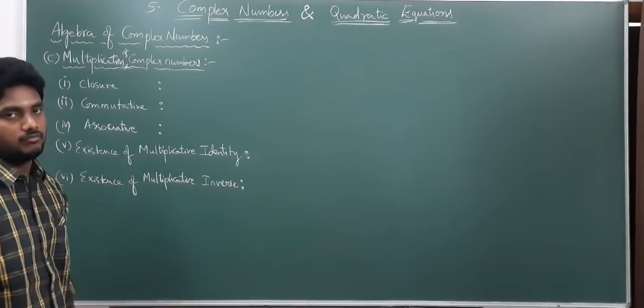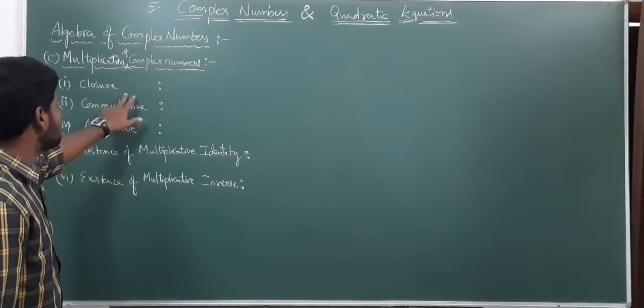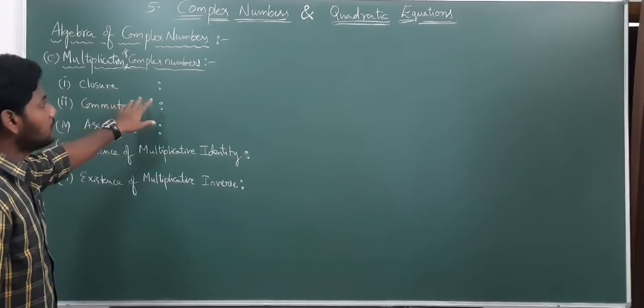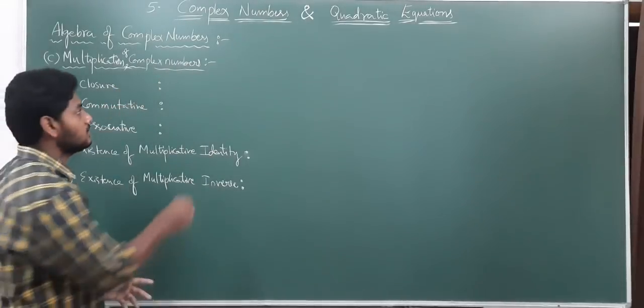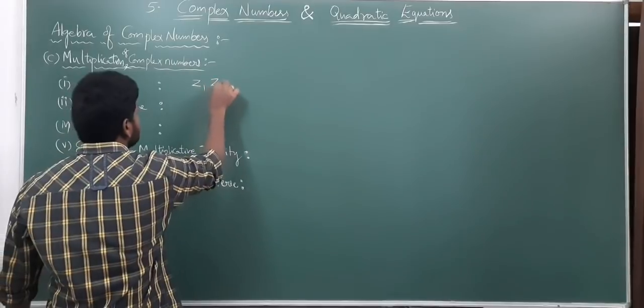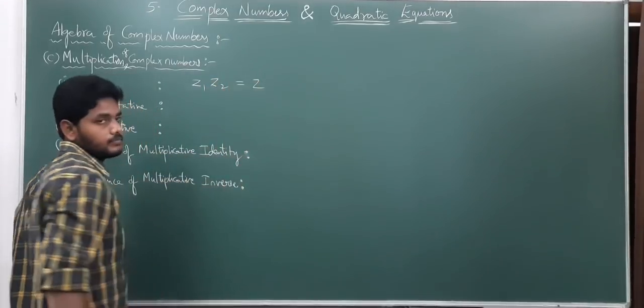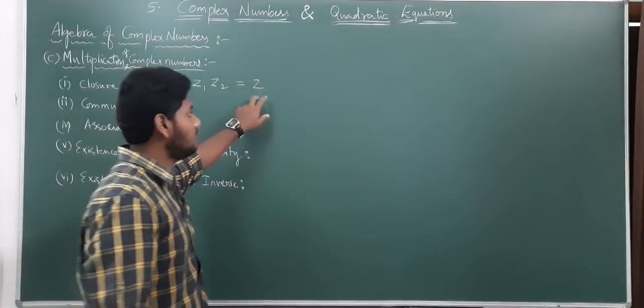Closure property means that Z1 into Z2 is again a complex number. If you multiply two complex numbers, we again get a complex number.